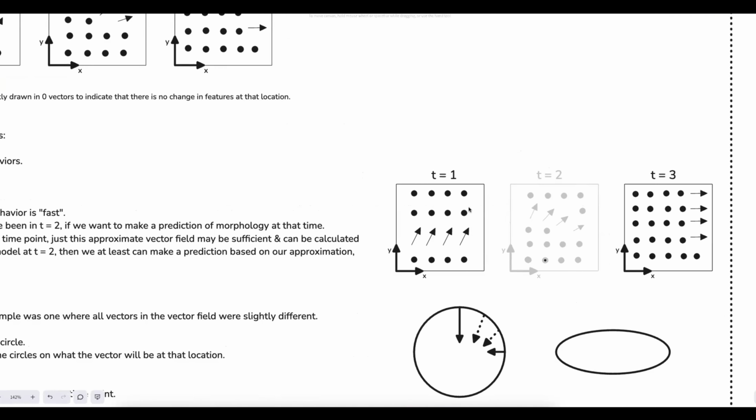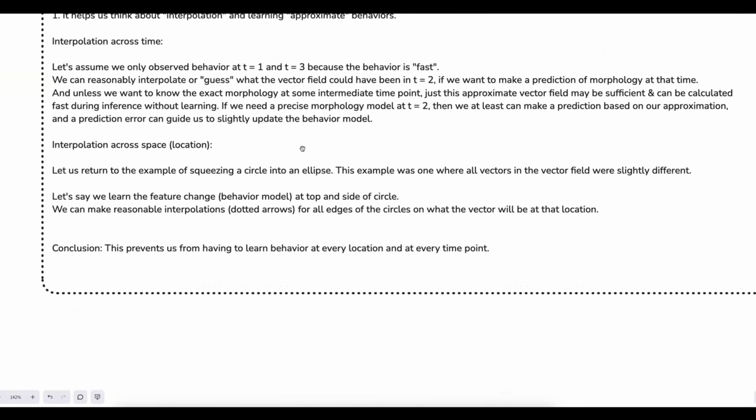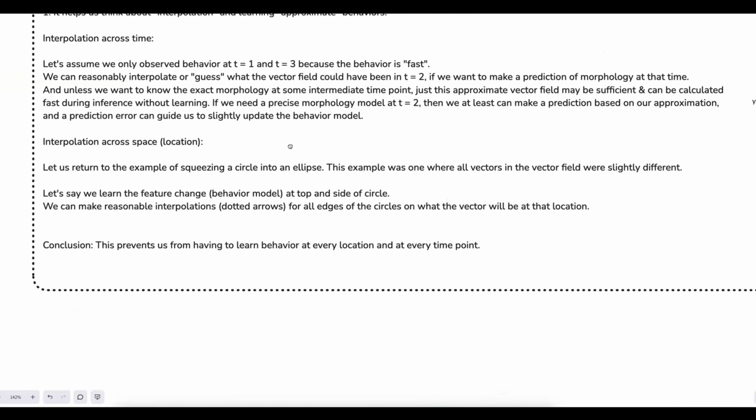I don't know exactly what the morphology will be at time equals 2 because it never stopped there, but if I had to make a prediction, I would interpolate and then apply those movements to make a prediction about the morphology. That's interpolation across time.